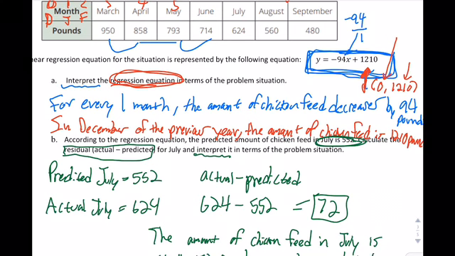And I know it's more because we got a positive number. Even just comparing these two values, the actual amount was 72 more than the lower amount for the predicted.